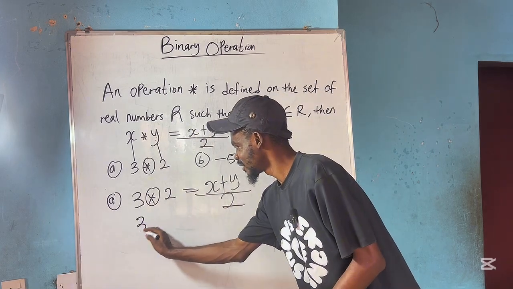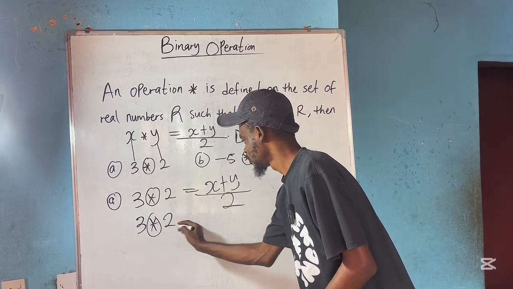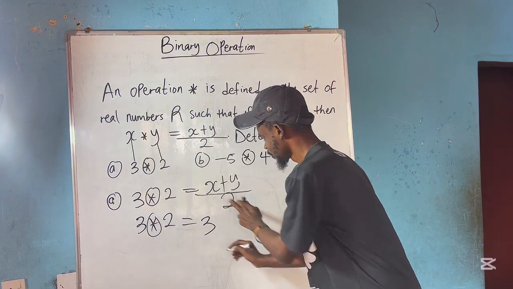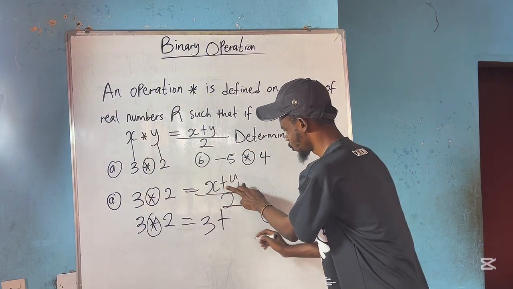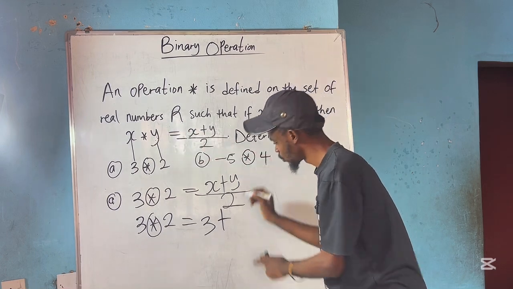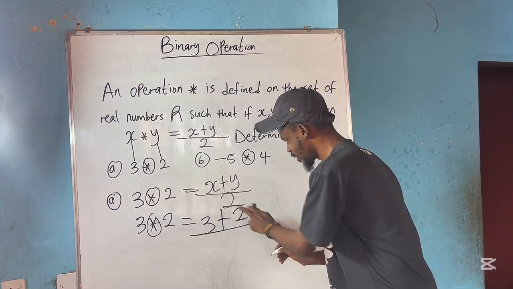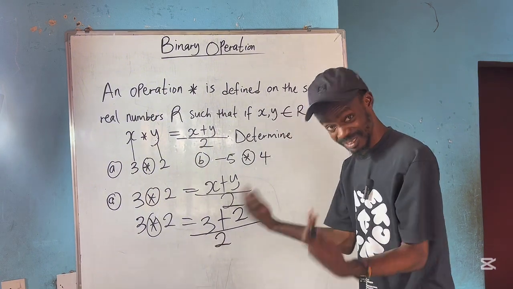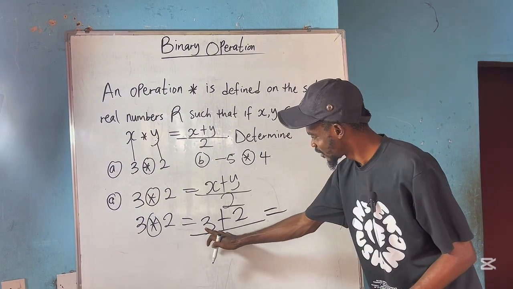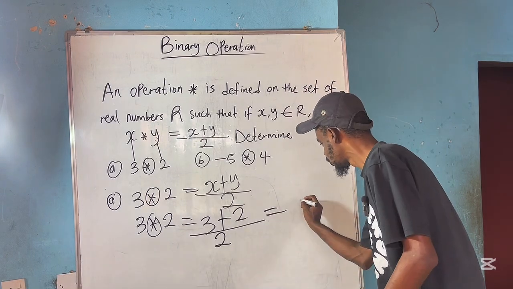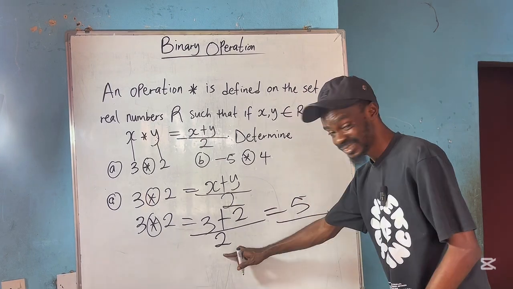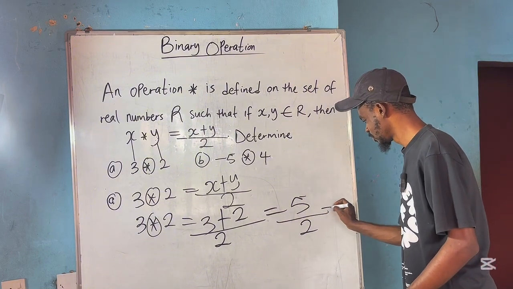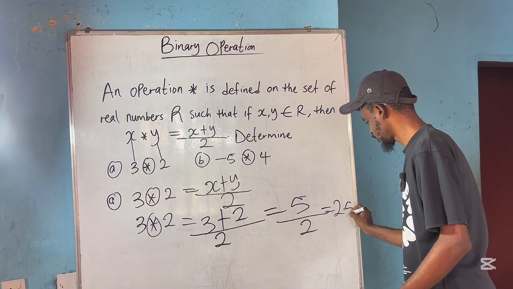So we have that 3 asterisk 2 is equal to, now x is 3, so we put 3 plus y. y is now 2, all over 2. This 2 that is from the formula, you write it. Very simple, which is simply 3 plus 2 will give you 5. So this is 5 over 2. And 5 divided by 2 will give you 2.5.